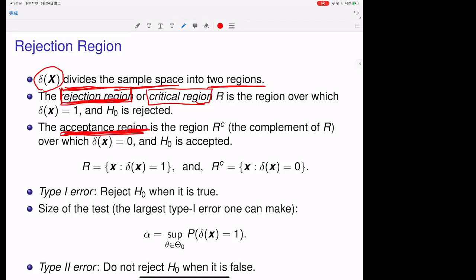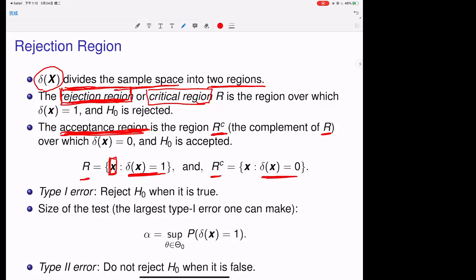Well, it's fine, but it's nothing but the complement of your critical region, the rejection region. By mathematical notation, I might have the rejection region, which is the sample, the data, such that your delta x is 1. That's that easy. Of course, the complement of the rejection region would be where delta x is 0.